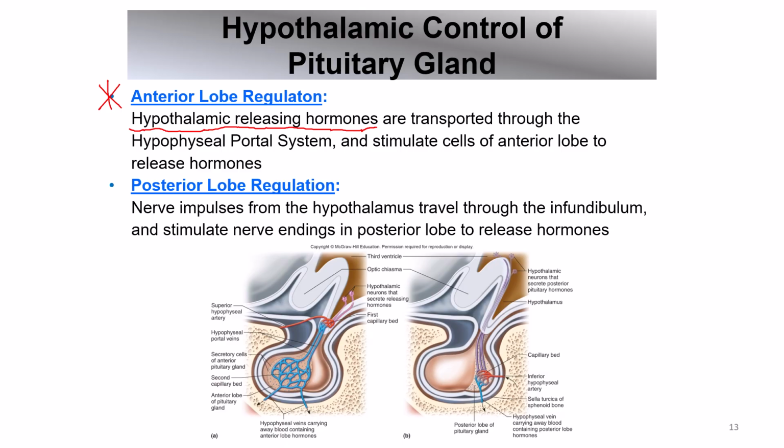These special hormones then activate the anterior pituitary to release its own hormones. These hormones are sent over using the blood vessels in between the hypothalamus and the pituitary gland, called the hypophyseal portal system.